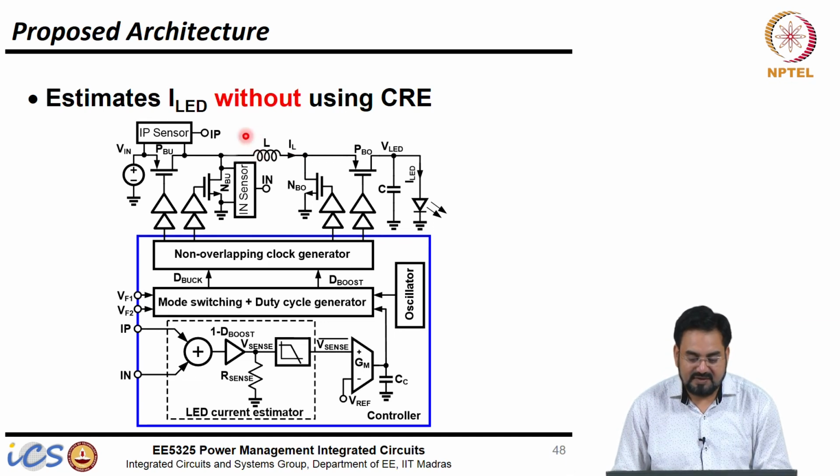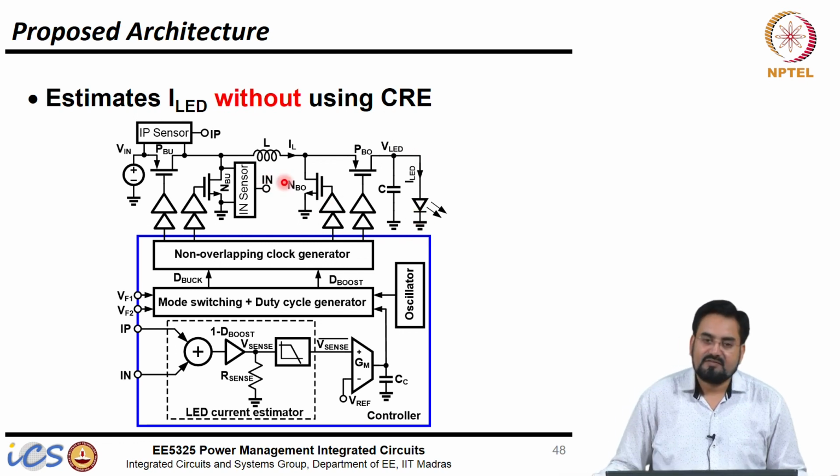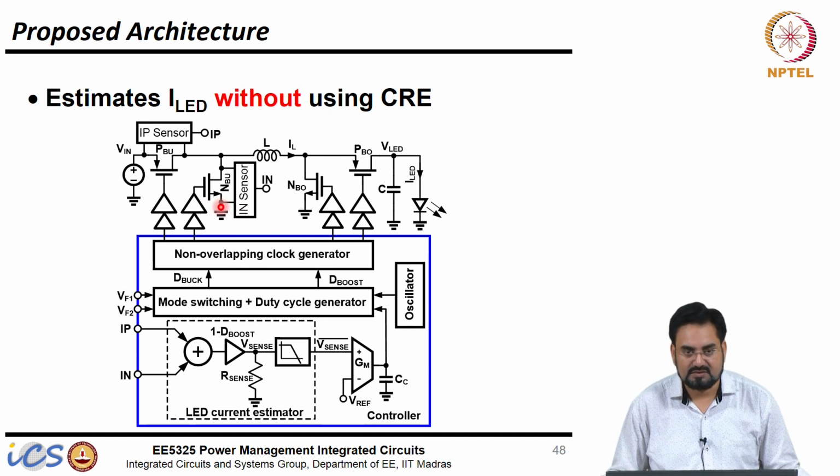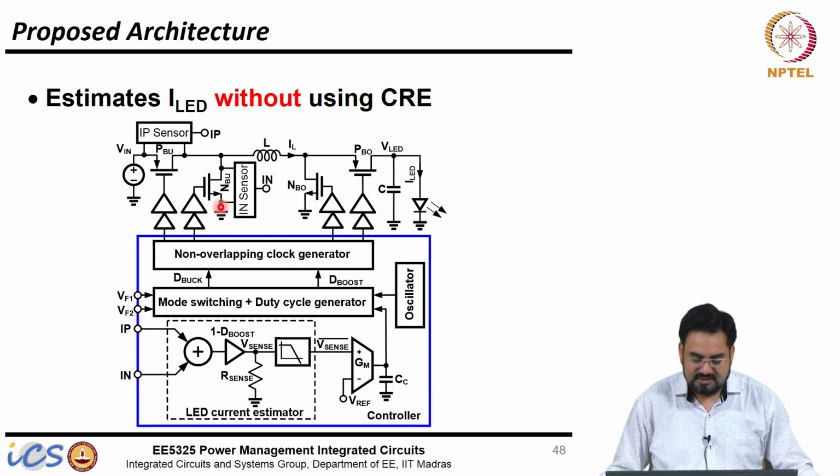If I can sense the inductor current, then I can regulate the load current as well. So all we need to do is sense the inductor current, which can be easily done by sensing the current in these MOSFETs, the high side and low side. And we can estimate the average current based on that.